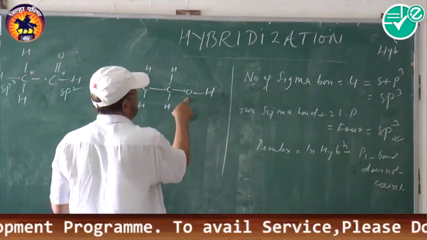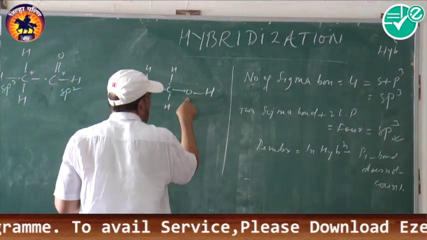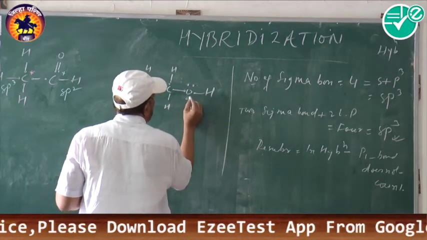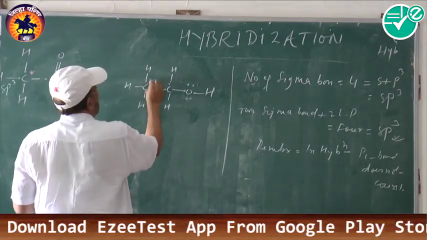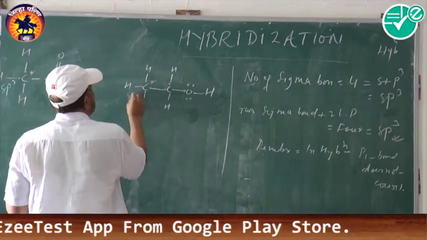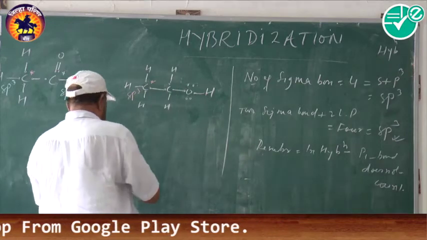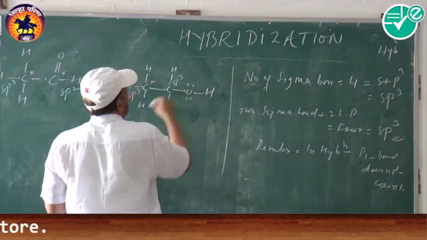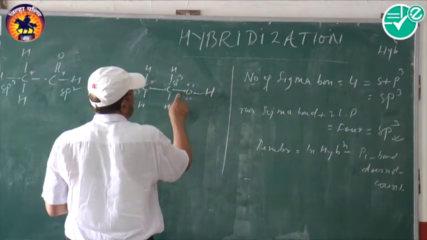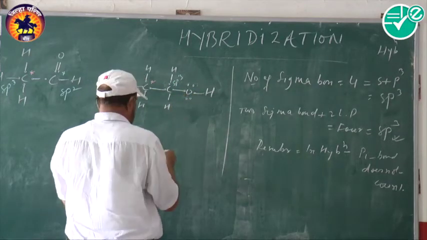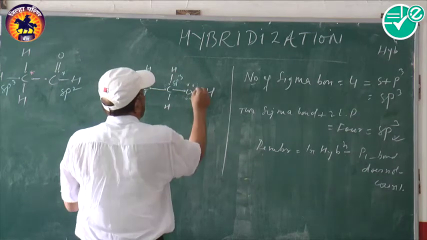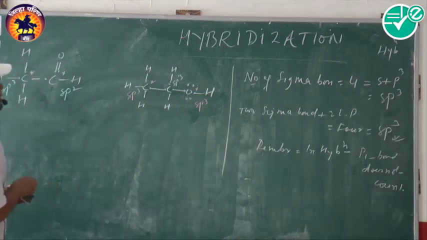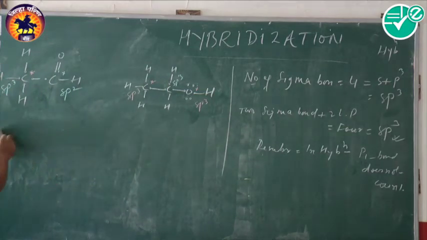This O belongs to group 6, but it has only 2 electrons in bonds, there are 4 more remaining electrons. Hence there are 4 sigma bonds, hence sp3. Here also 4 sigma bonds, sp3. The oxygen has 2 sigma bonds and 2 lone pairs, a total of 4. Therefore it is also sp3 with 2 lone pairs. In this way, you can obtain the hybridization of each and every compound.